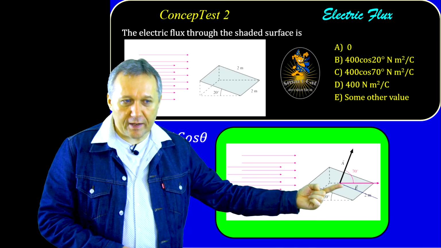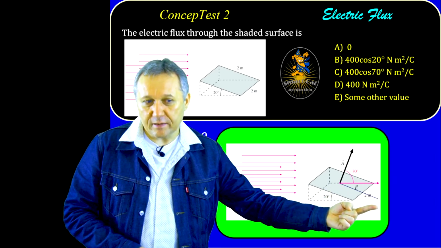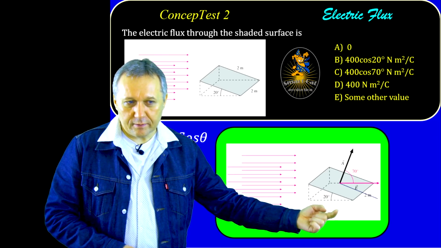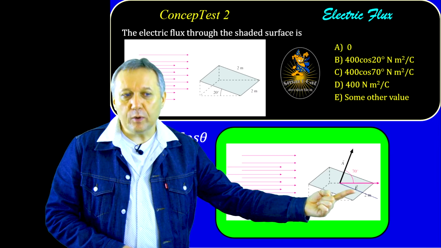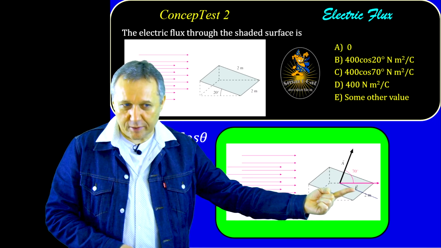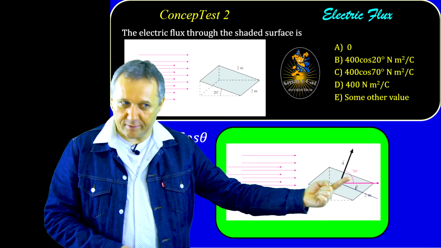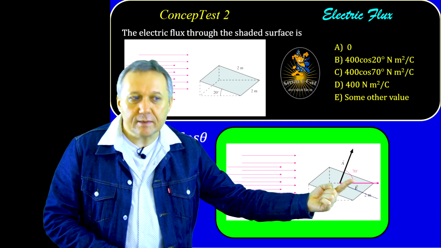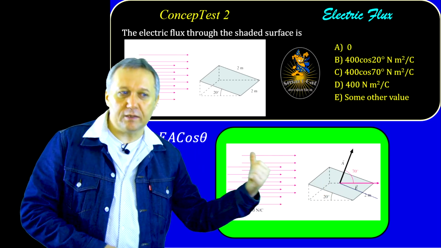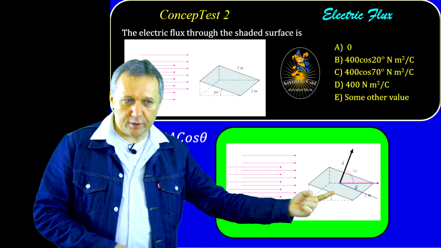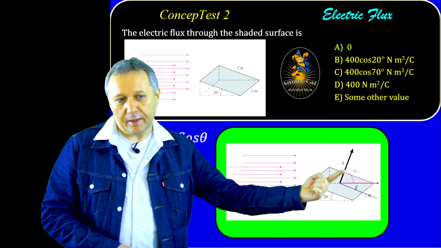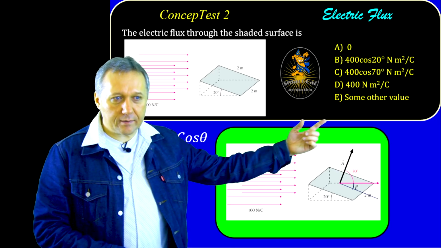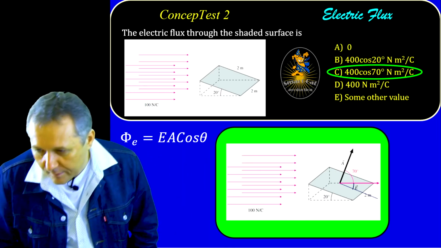Because if I draw this black line, which lies in the surface, then this angle is also 20 degrees, and this angle of 20 degrees complements this angle to 90 degrees. So as a result, this angle is 70 degrees. And this 70 degrees is the correct angle that must be used in this formula. You see the tails of both vectors are at the same point, and that is the angle between them. So the correct answer is C.